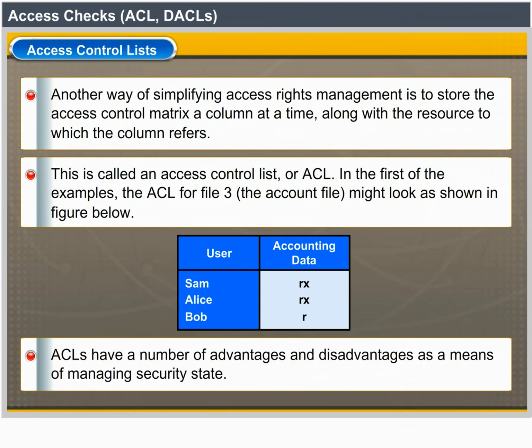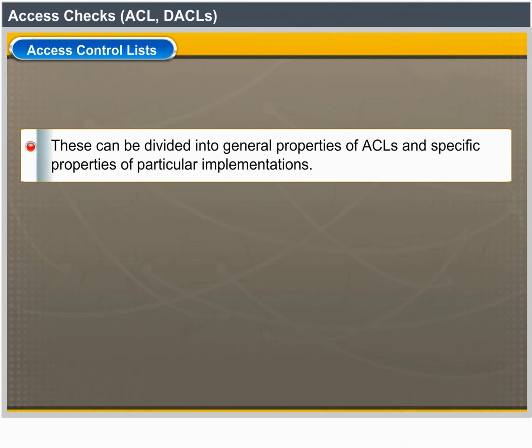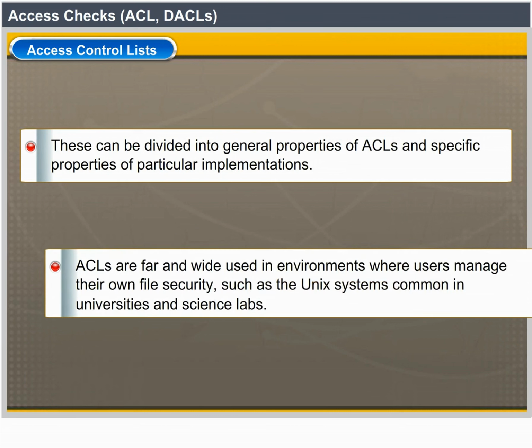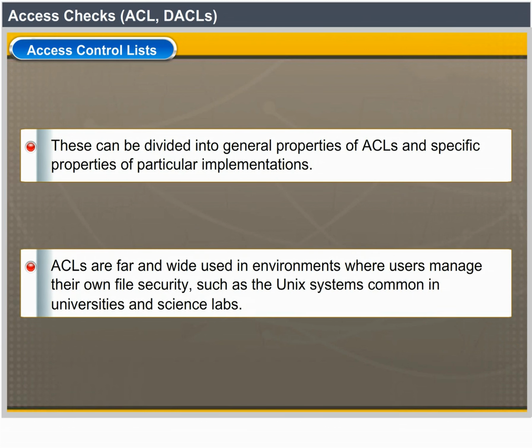ACLs have a number of advantages and disadvantages as a means of managing security state. These can be divided into general properties of ACLs and specific properties of particular implementations. ACLs are widely used in environments where users manage their own file security, such as the Unix systems common in universities and science labs.